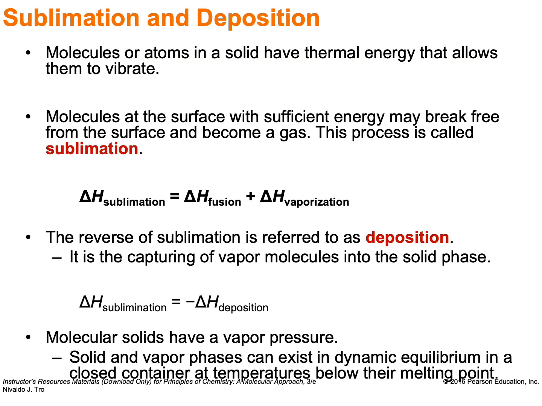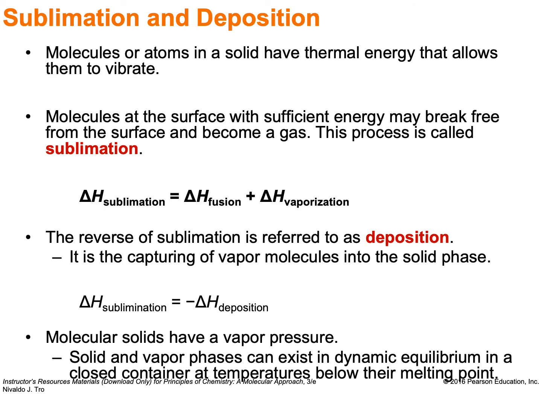Let's talk about processes that occur sometimes that bypass the liquid phase. When molecules or atoms in a solid have thermal energy, it allows them to vibrate. The vibration can be sufficient to break from the surface and become a gas. This process is called sublimation.